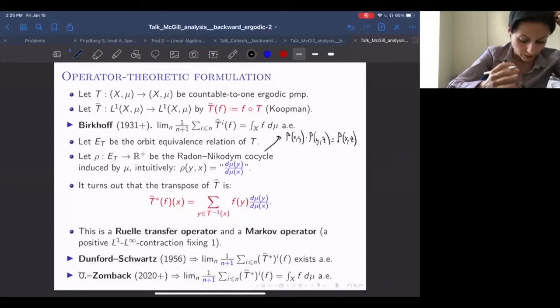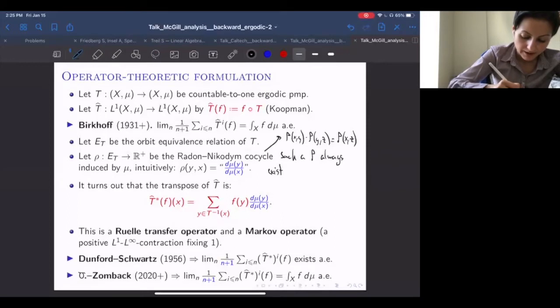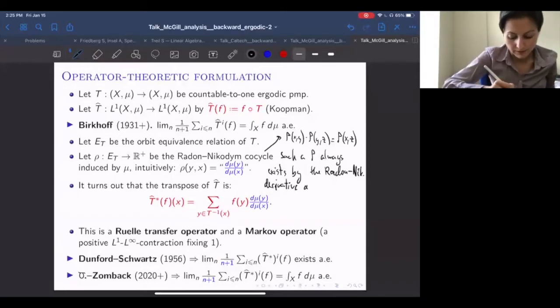But anyway, let's see what I wanted to say here. This function, such a rho, always exists by the Radon-Nikodym derivative theorem and a theorem from descriptive set theory called Luzin-Novikov.